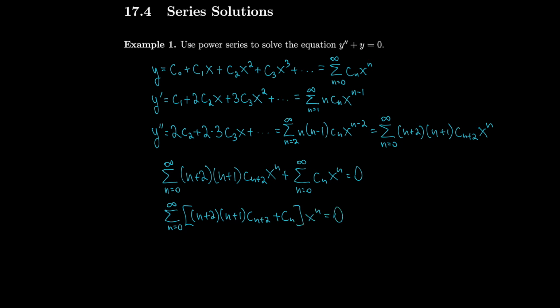That must be 0. Well, notice on the right side, there are no x to the n's. There are 0 x to the n's. So that means that this coefficient must be 0. So we have n plus 2 times n plus 1 times cn plus 2 plus cn equals 0.